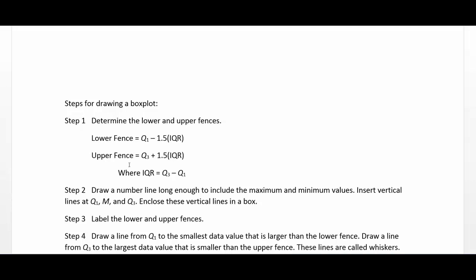When we're drawing a box plot, we want to figure out where our IQR is, and we're going to figure out what's called an upper and lower fence. So let's go back to this data here. And IQR, if you remember, interquartile range, is Q3 minus Q1. So that would be 2.4.